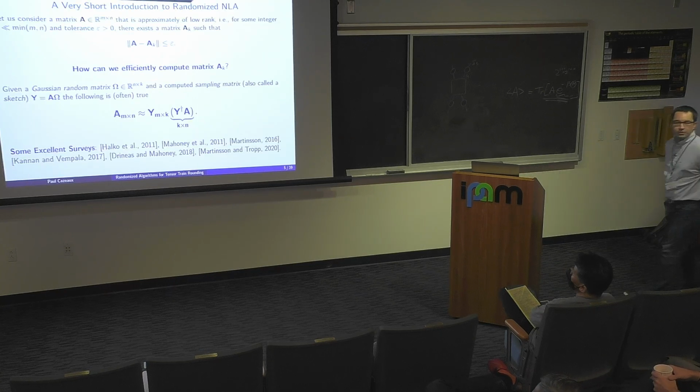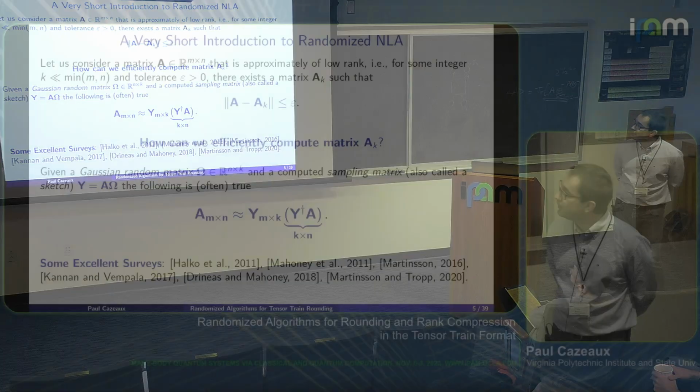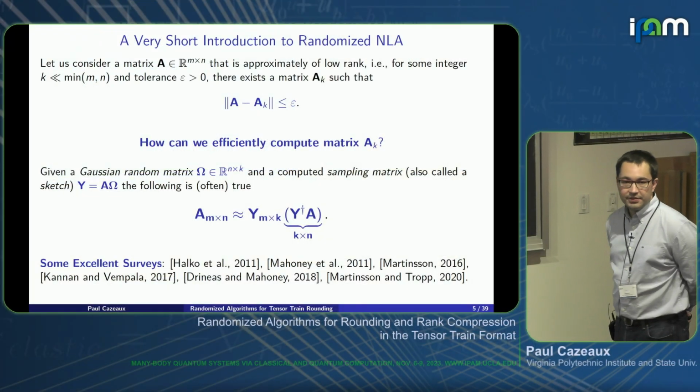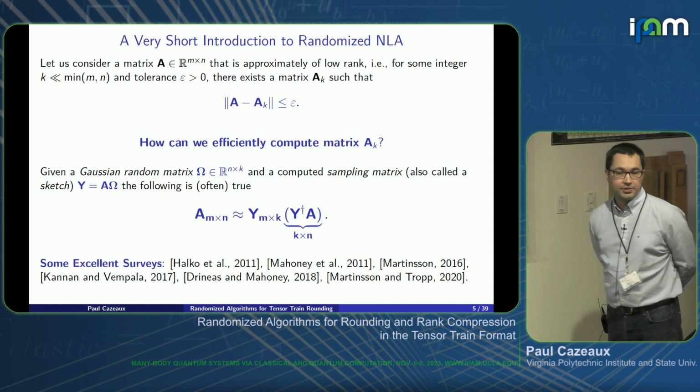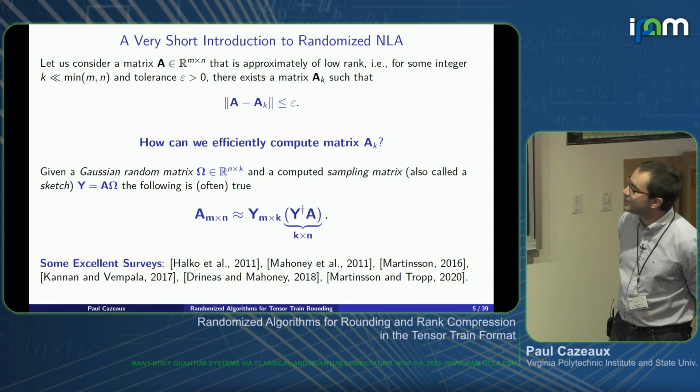All right. So more generally, one of the main uses of randomized numerical linear algebra has been in order to find low-rank decompositions of matrices. I want to stress this fact.